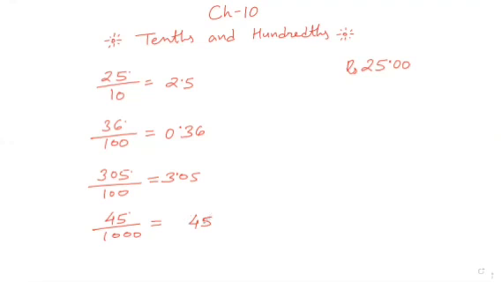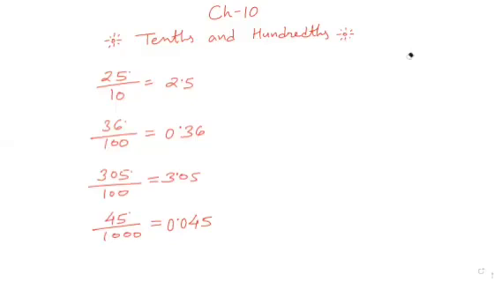So see here, 1, 2, and one more zero will come here, and the decimal will be here. But I told you at the beginning, if nothing is there, we put 0. So this should be 0.045.